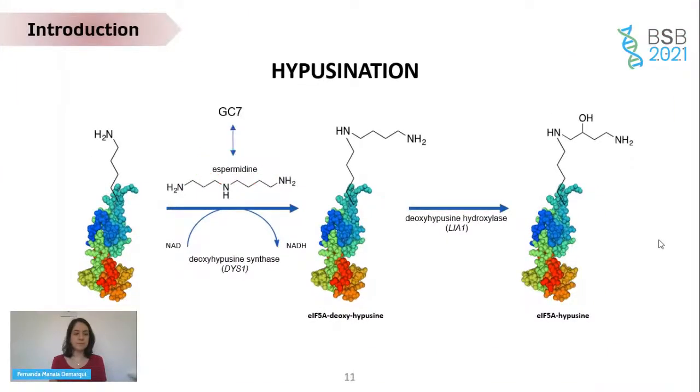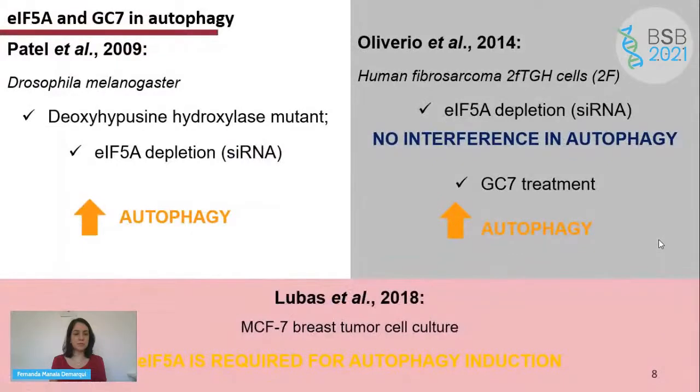A structural analog of spermidine is DC7, which acts as an inhibitor of the first hypusination enzyme, anchoring at the spermidine binding site of this enzyme.